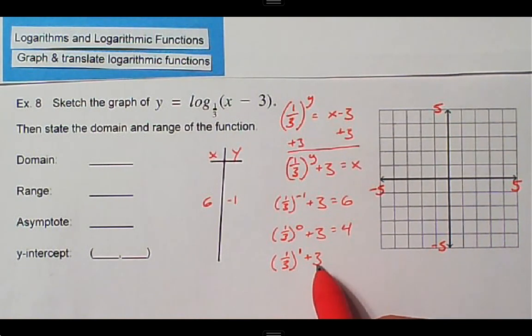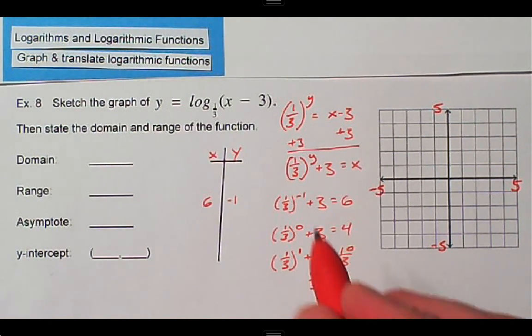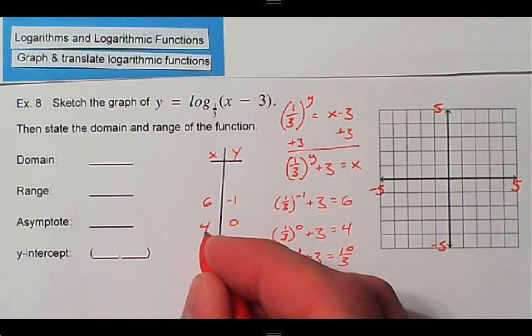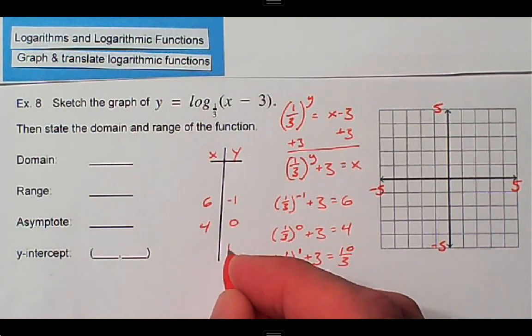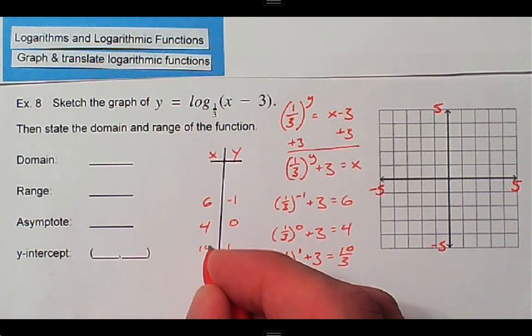So 1/3 plus 3. Another way that we can think of 3 is 9/3. So 1/3 plus 9/3 is equal to 10/3. So we had the point 4, 0, and we had the point 10/3, 1.